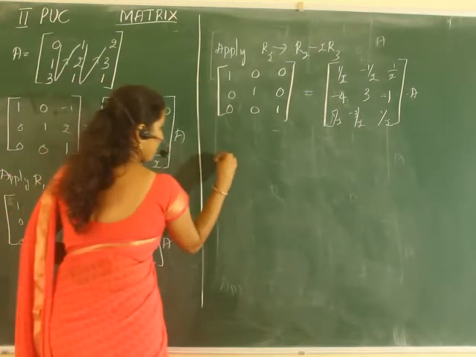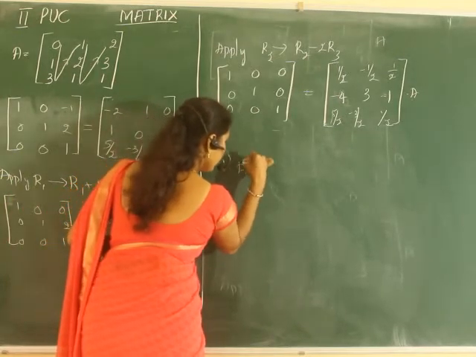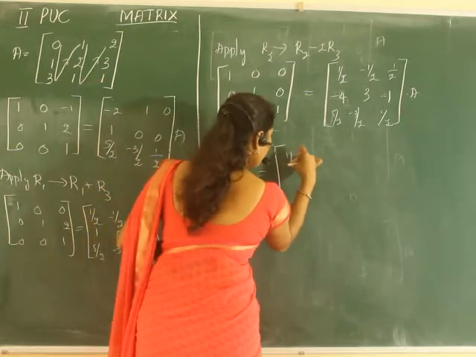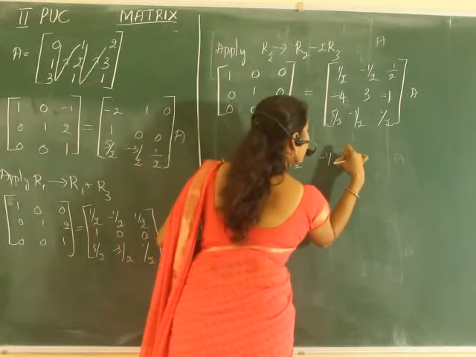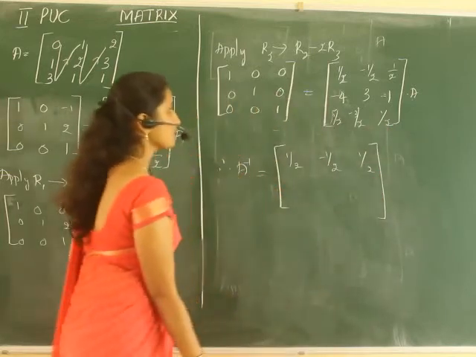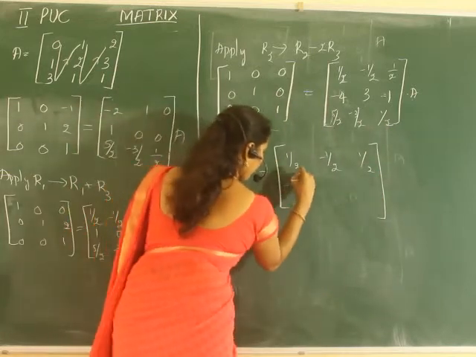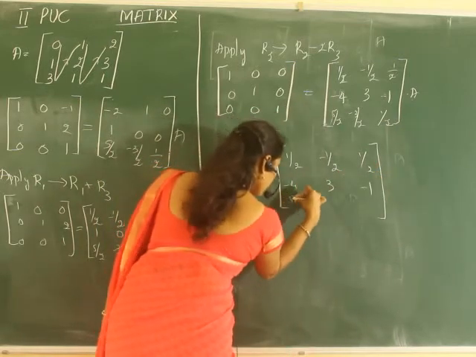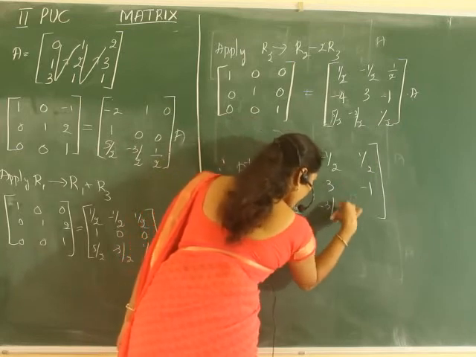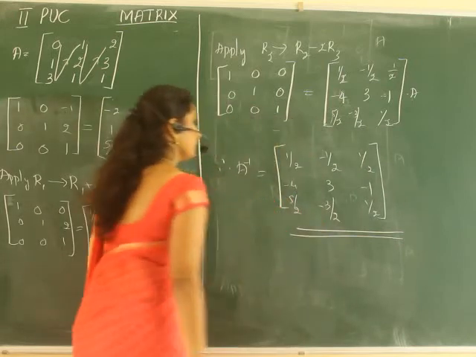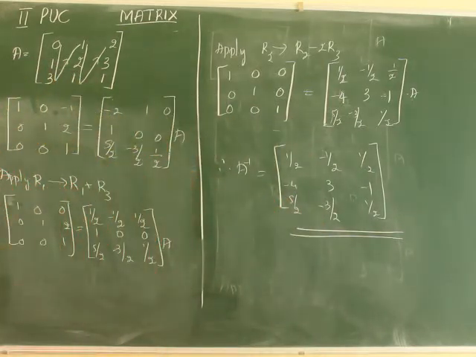Therefore, A inverse is equal to the matrix: 1 by 2, minus 1 by 2, 1 by 2, then minus 4, 3, minus 1, 5 by 2, minus 3 by 2, and 1 by 2. This is the inverse of the given matrix.